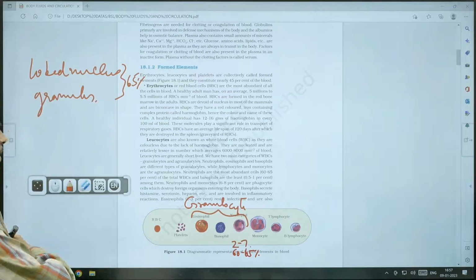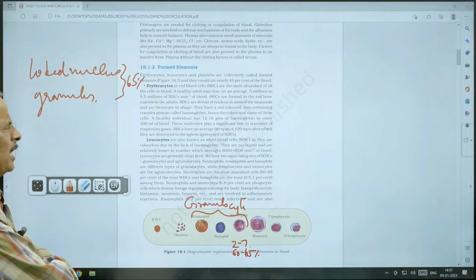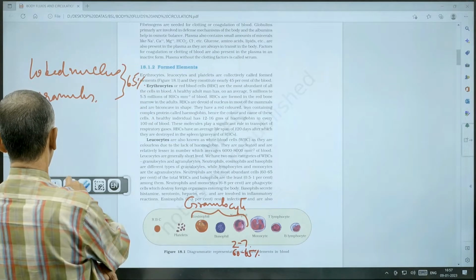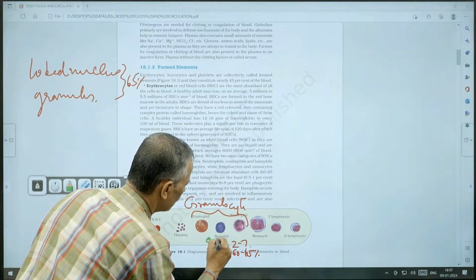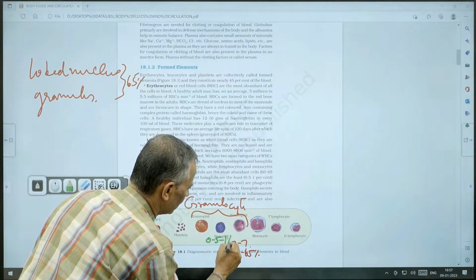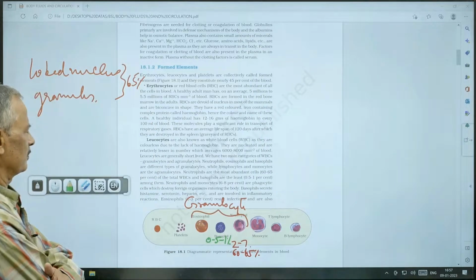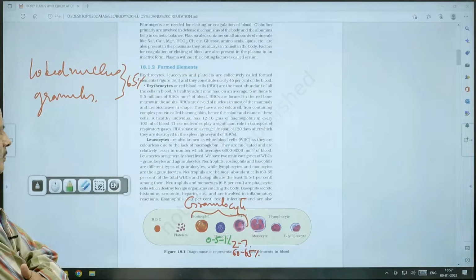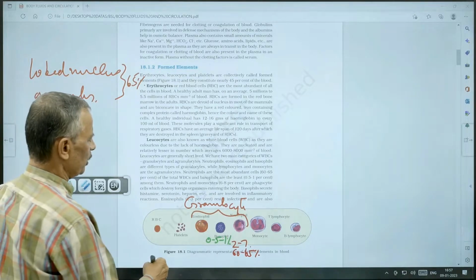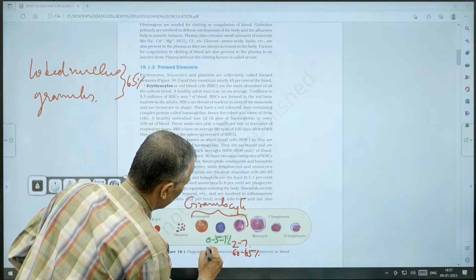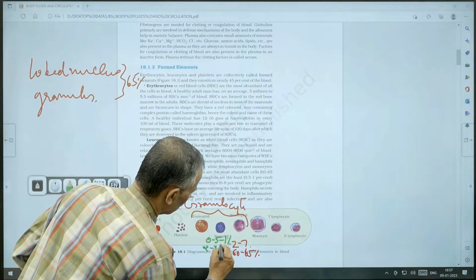The basophils are the least. They will be only 0.5 to 1%. And basophils will usually have 2 to 3 lobes.